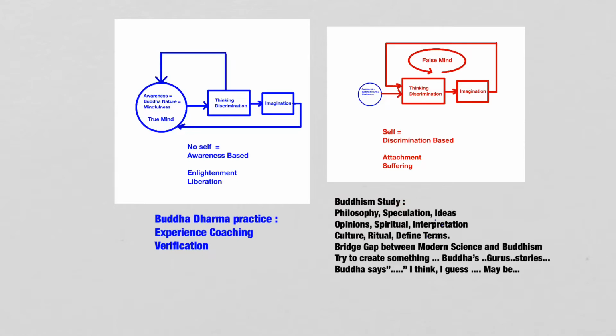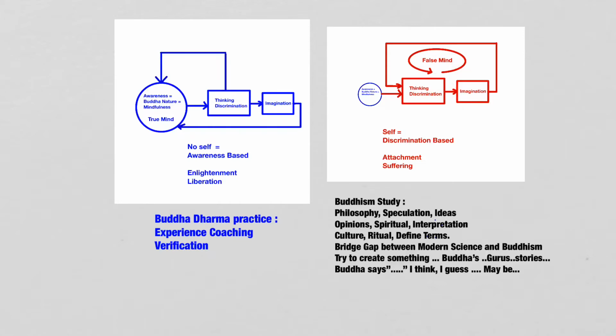So the majority of what we see today is actually Buddhism study. It is not Buddha Dharma practice. Thus, it is not likely to get enlightenment, liberation, and no self, because of the function, the design of the function, the elements already run this way.